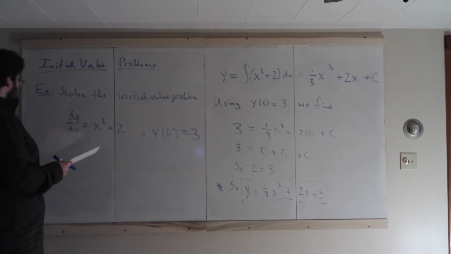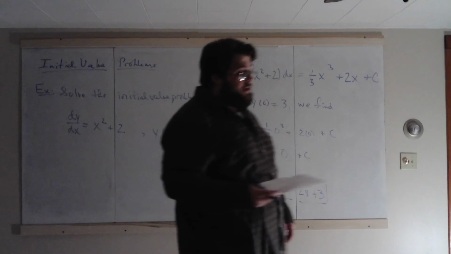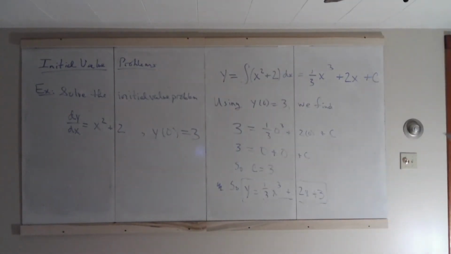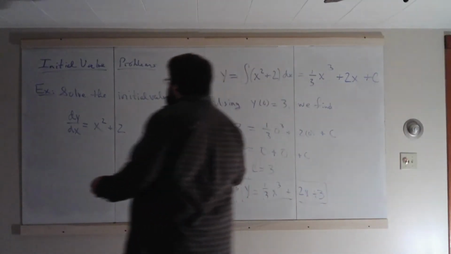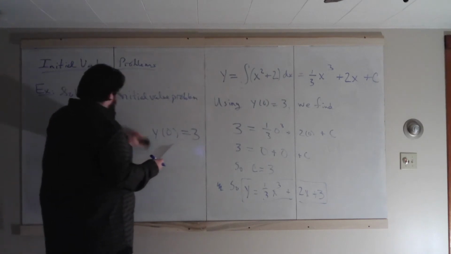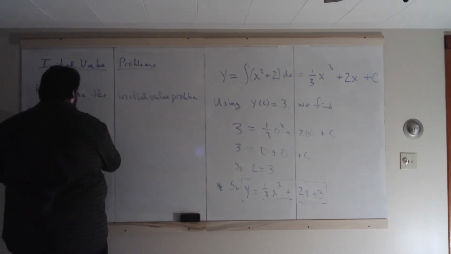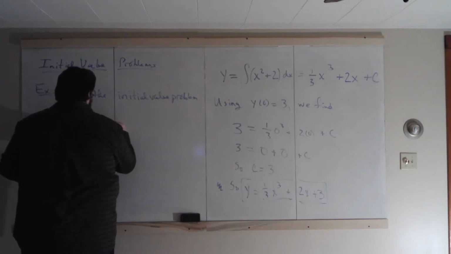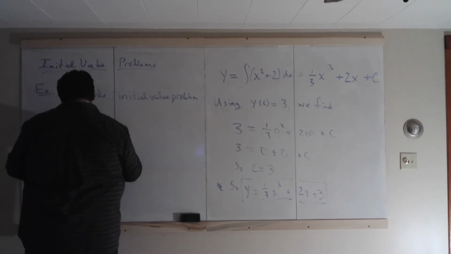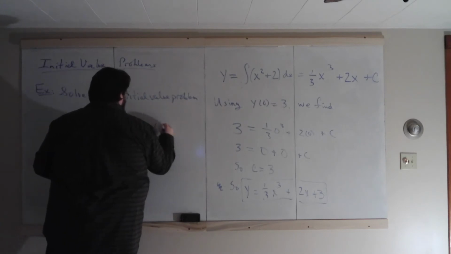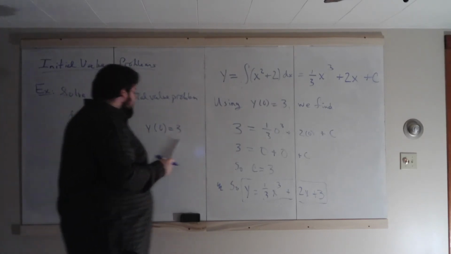Let's do another. Actually, I have one that describes what I just said, except it's with trig functions. So let's solve another initial value problem. dy/dx equals negative sine of x, and y of 0, again, equals 3.